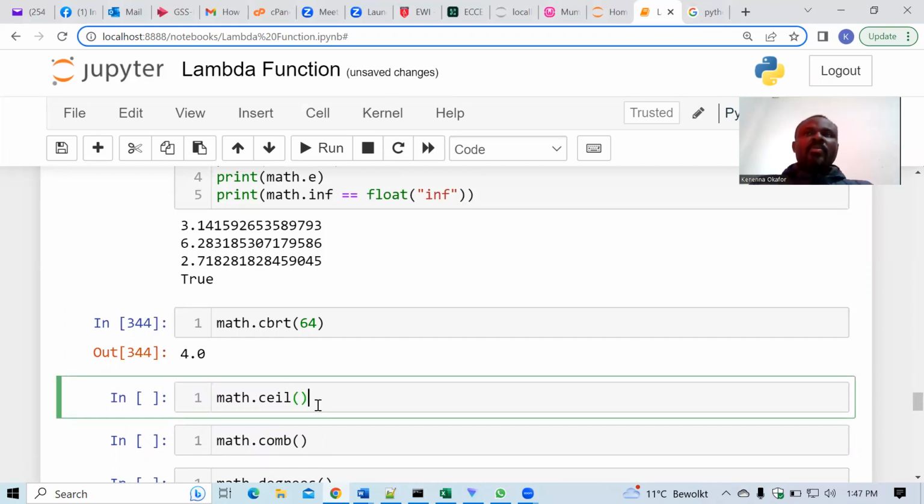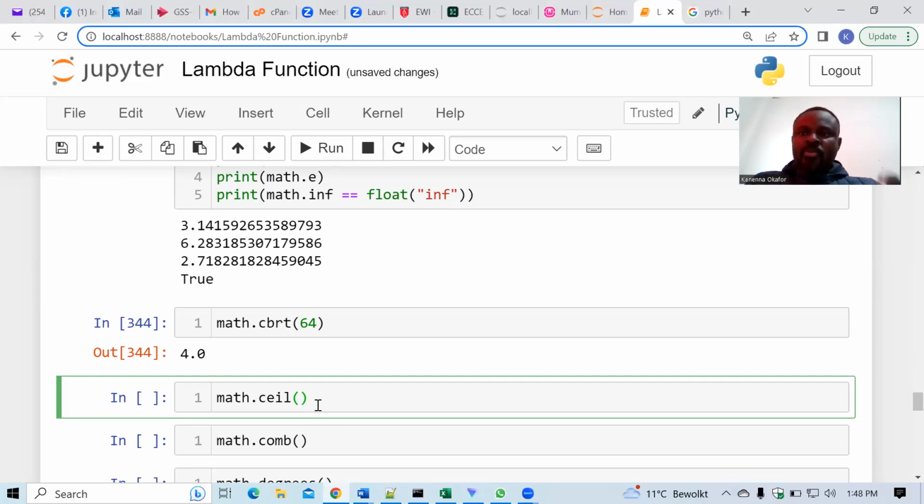The ceil. Now, the ceiling, as the full name is, it's just simply going to return an integer value that is greater than the argument provided, and that integer value has to be the least possible value.